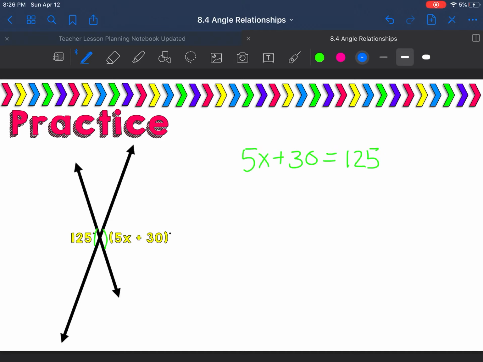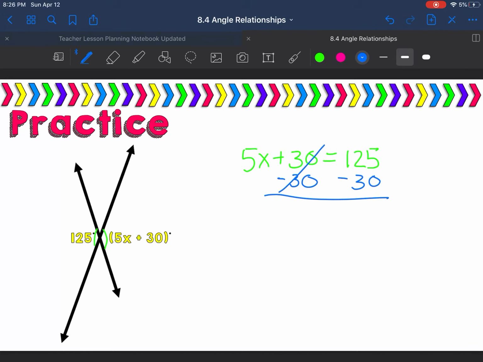I need to know what x is. So I'm going to use the same thing that I used when I solved two-step equations: Don't Call After Midnight. Don't distribute, nothing to distribute. Combine, nothing to combine. So then I'll move on to add or subtract. In this problem, I'm adding 30, so I need to do the inverse, the opposite of adding 30, which is subtracting 30.